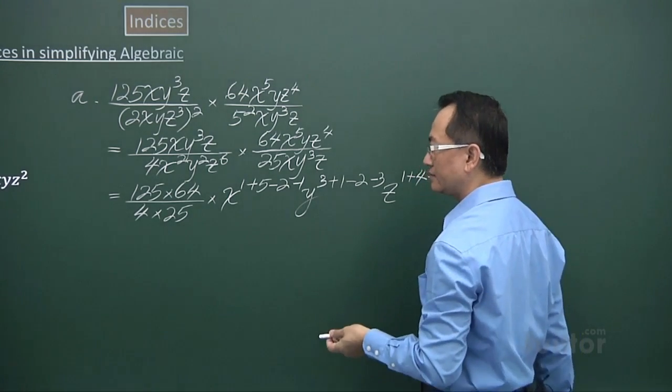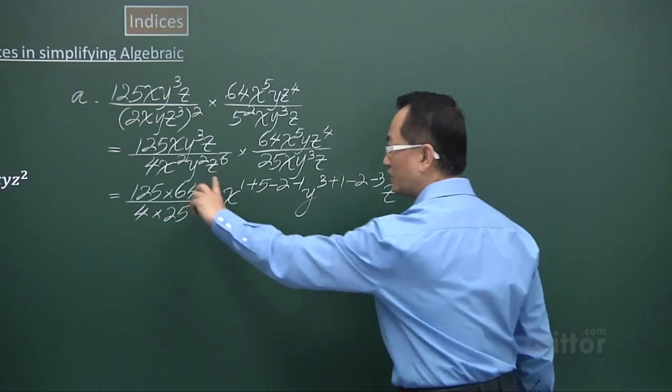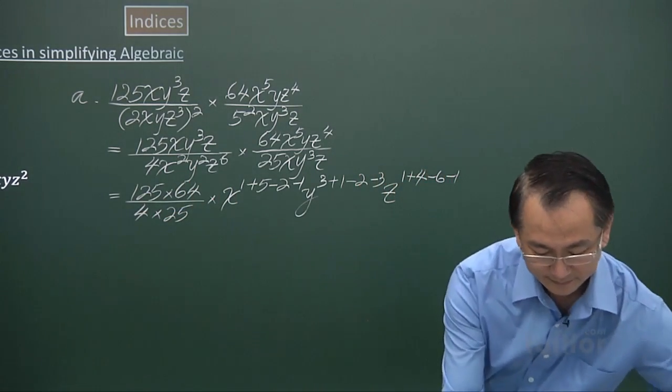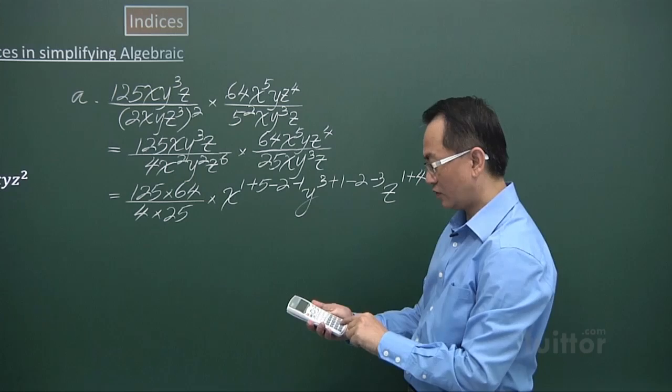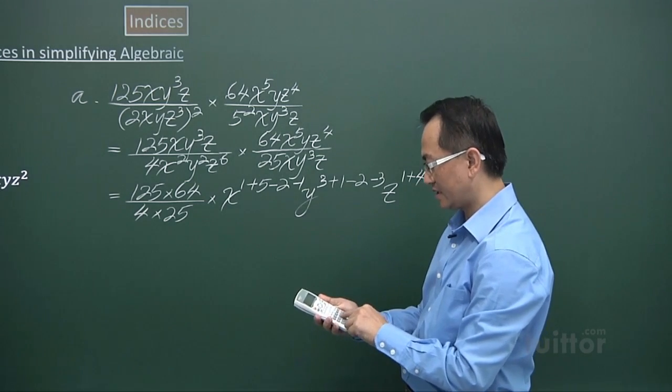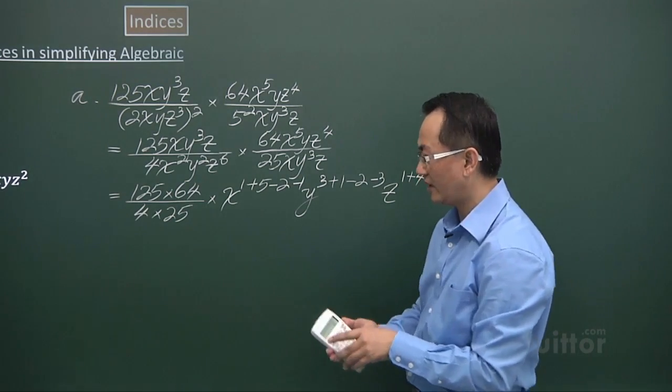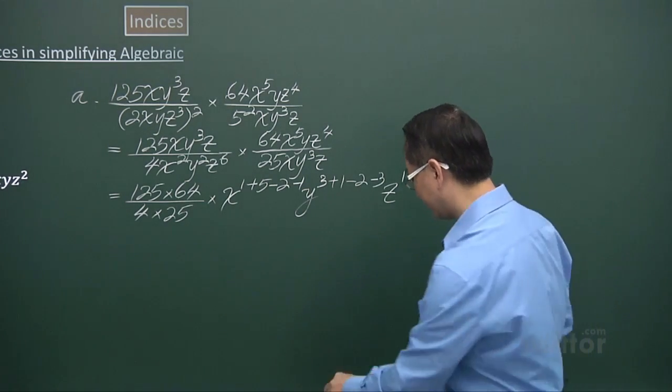So here, for this particular part, I can actually use the calculator. So 125 times 64 divided by 4 divided by 25, I have 80.